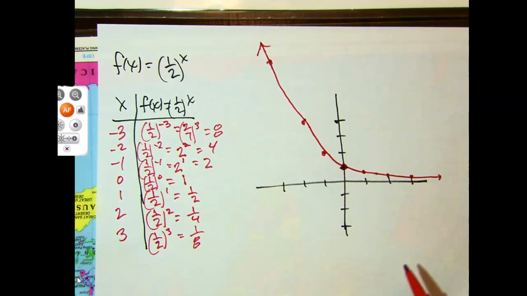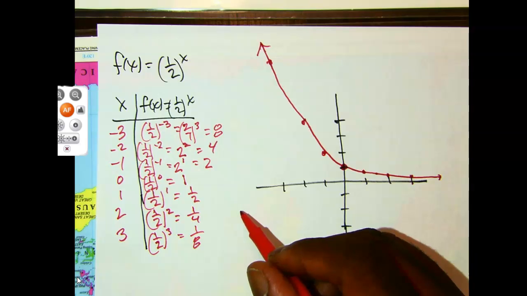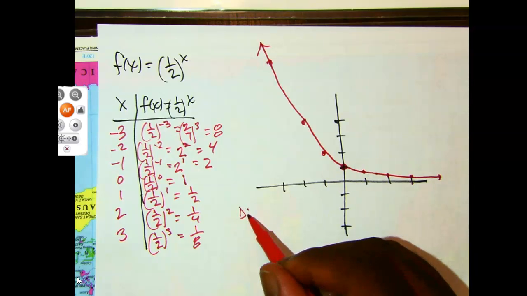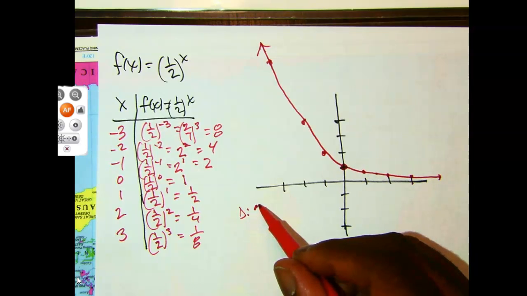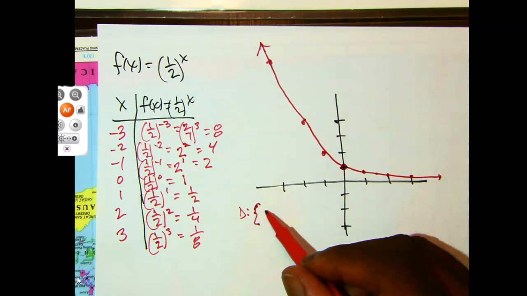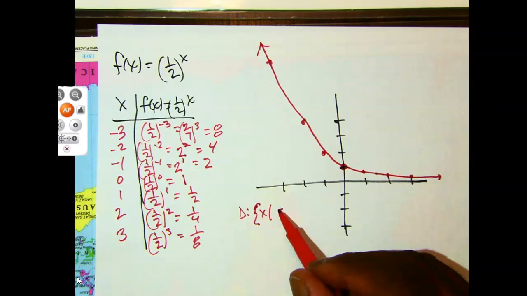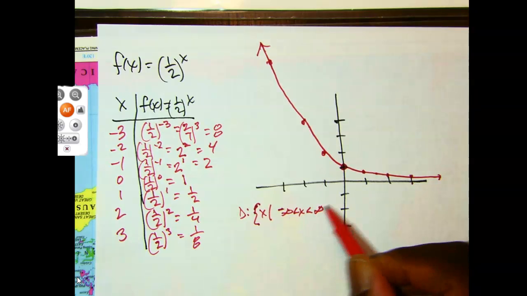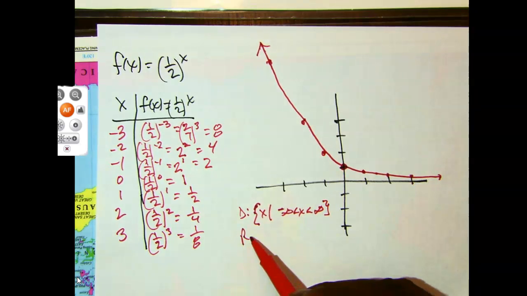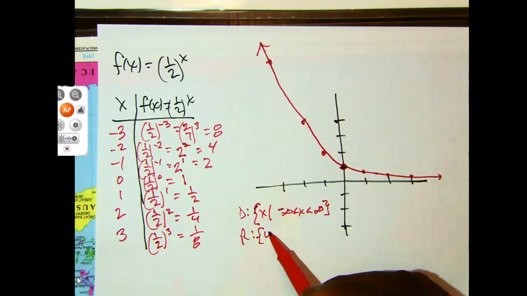So in this instance, our domain is still all real numbers. Our range, all values of y such that y is greater than 0.